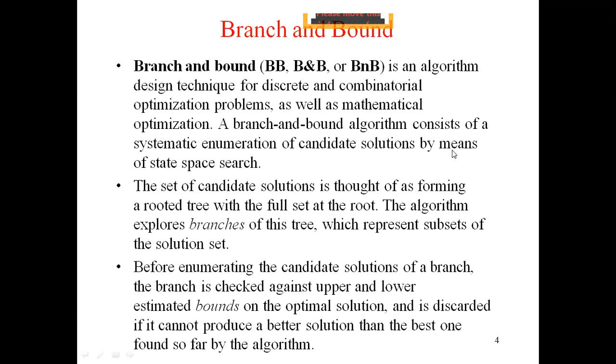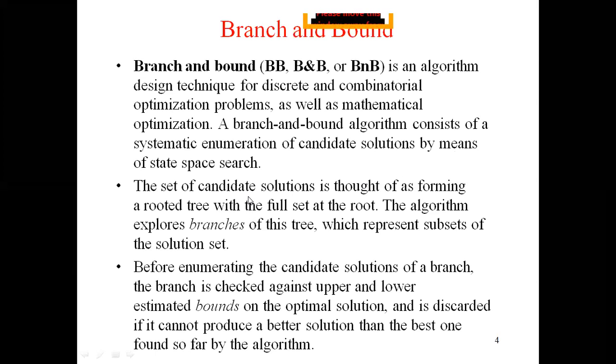Suppose any of the paths is not reaching the solution, we need to estimate depending on the cost, and we can avoid that particular path in our search to find the solution.